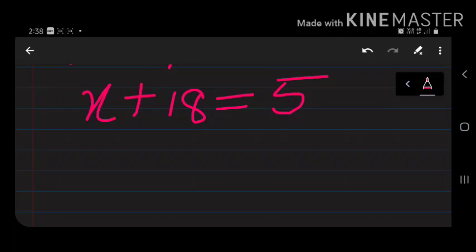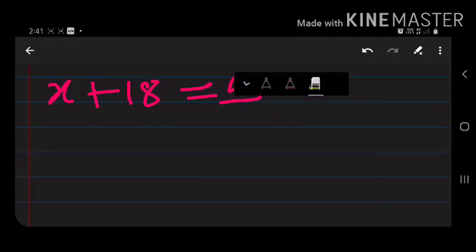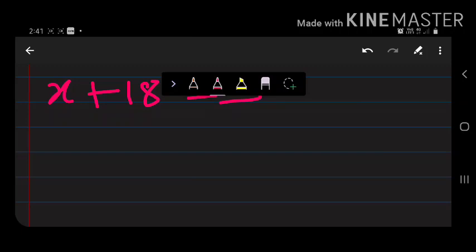Now try to solve this equation, x plus 18 equals 5. Can we solve this equation using natural numbers or whole numbers? The answer is no, we cannot. Let us try to understand why.